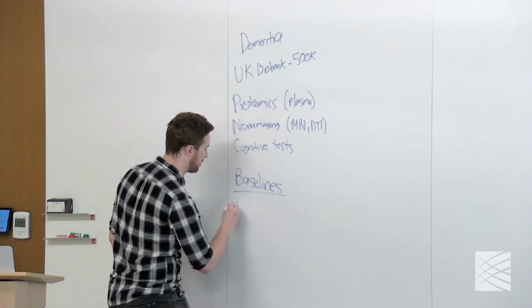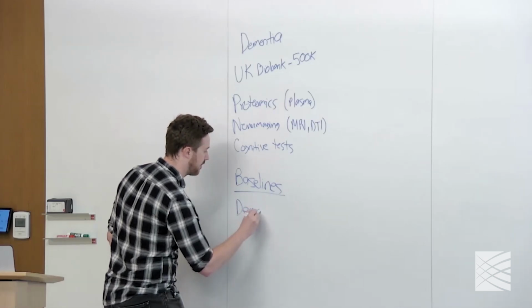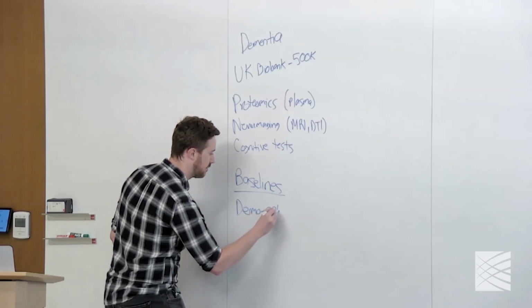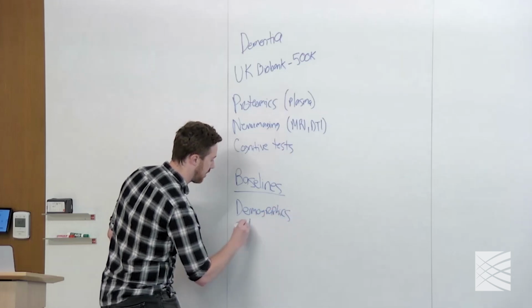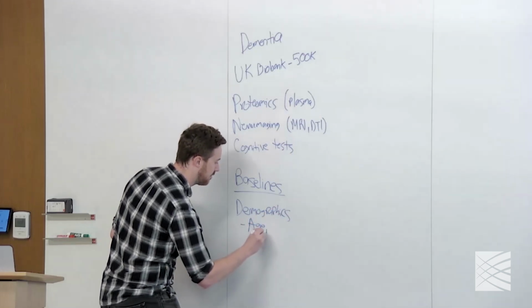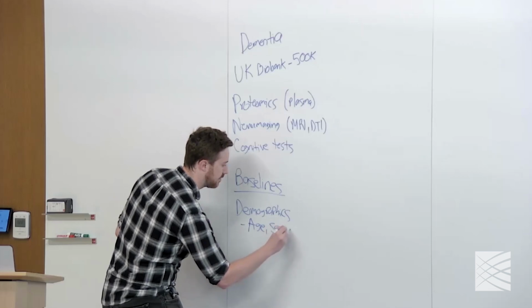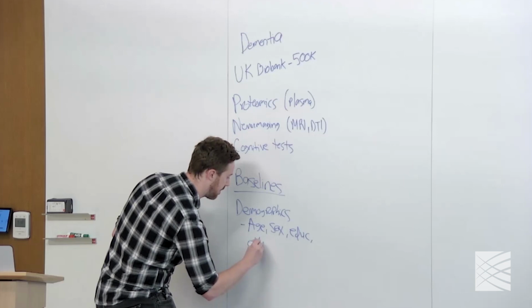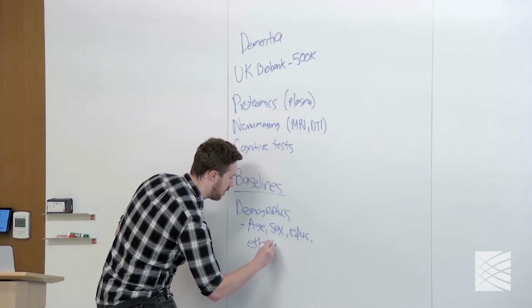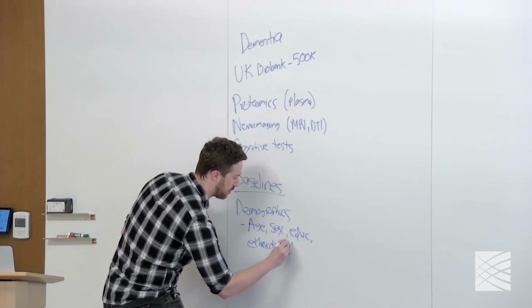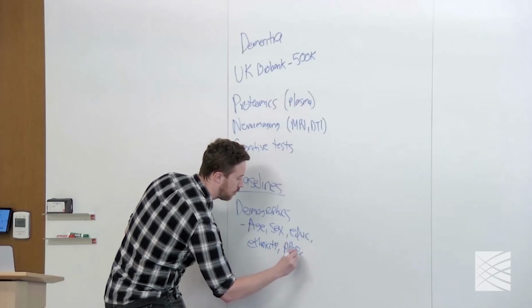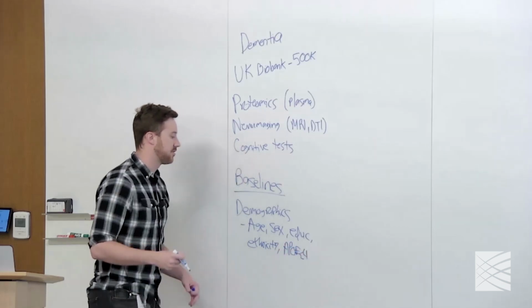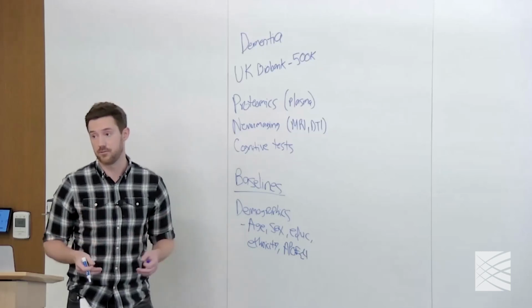So when we talk about baselines, that can include things like demographics. And that can include things like age, sex, education, maybe ethnicity, and ApoE genotype, which is the most well-characterized genetic predisposition to Alzheimer's disease.